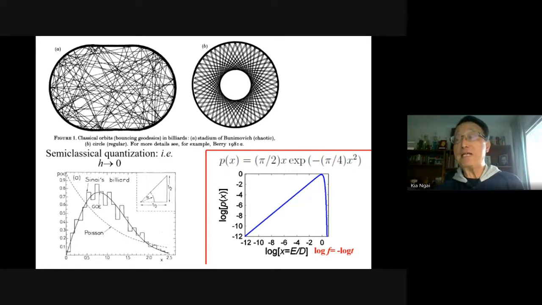And you see very nicely the cutoff, which is just saying that there is some energy, high energy or time or frequency, beyond which you will not have this universality of the linearity. And that is generally a semi-classical quantization of any classical chaotic system, like the one on top. One is the stadium, okay?